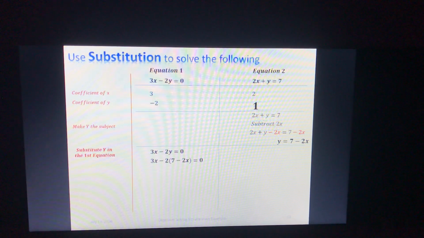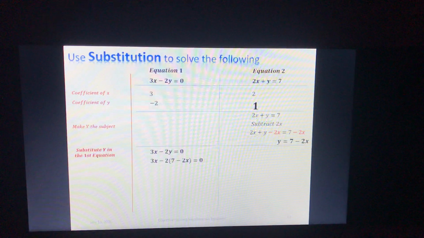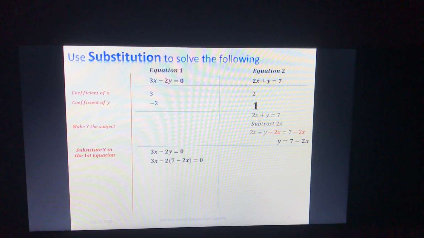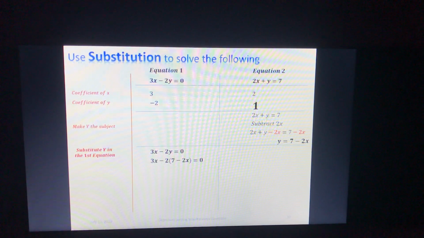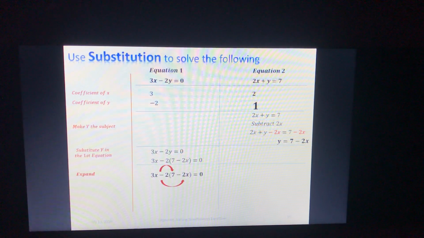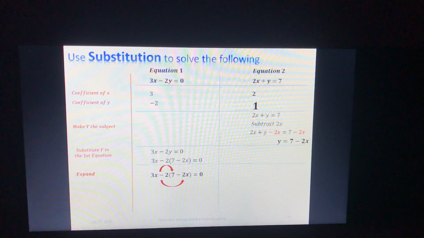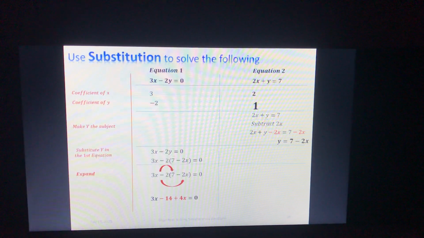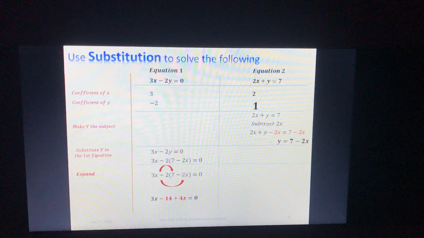The second step here, so we have an equation with one unknown. We need first to get rid of the brackets by expanding. So negative 2 times 7 is negative 14, and then negative 2 times negative 2x is plus 4x. So we expand, 3x will come down as is, negative 2 times 7 is negative 14, negative 2 times negative 2x is plus 4x.